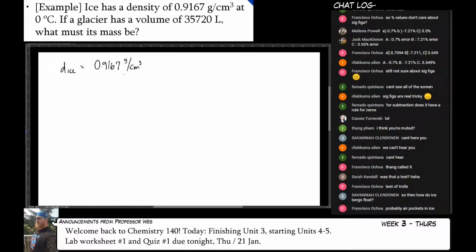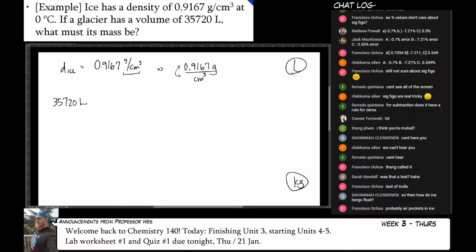Now, whenever I write my units like this, keep in mind that that is the same as writing them like this. And what that means is that this becomes a conversion, and I can flip this around however I want to. So if I have a volume in liters, and I want to figure out from the volume of that glacier what its mass must be, and for mass let's do kilograms, because masses of large objects are probably more appropriately measured in kilograms.